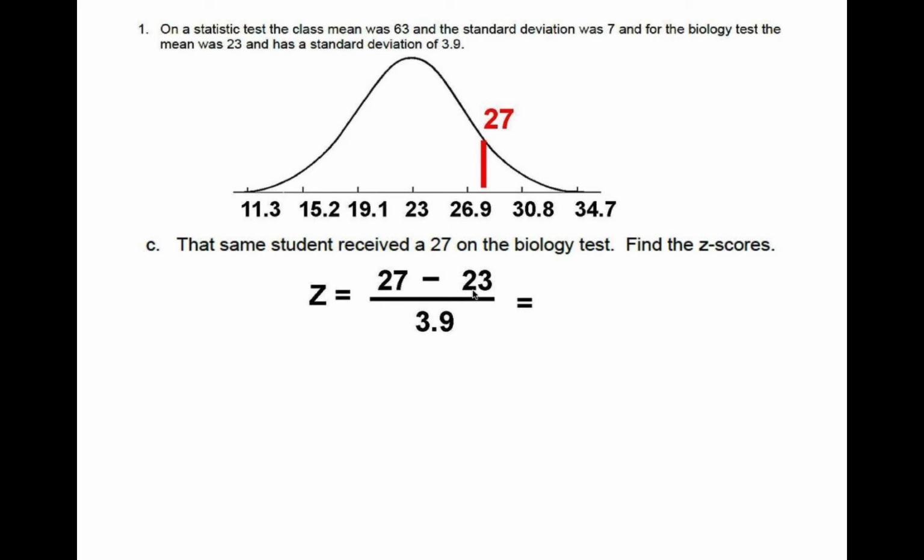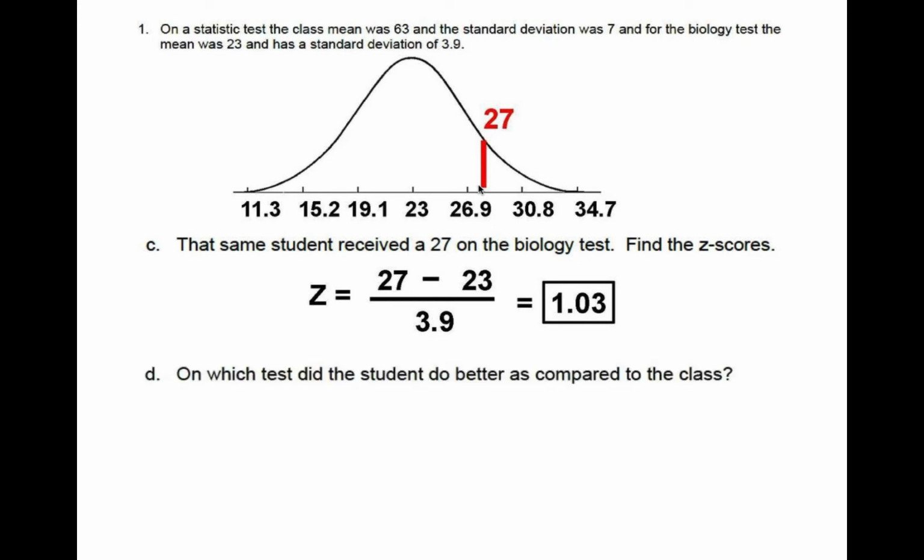So you subtract the top and get 4, and then divide that by 3.9. You're going to get 1.03. So that's 1.03 standard deviations above the mean. So between the two tests, which test did the student do better compared to the class? Well, that would be the statistics test because it was more standard deviations above the mean.